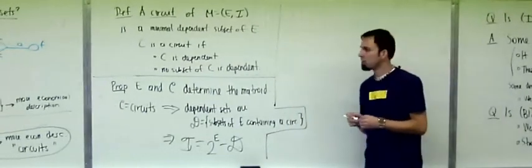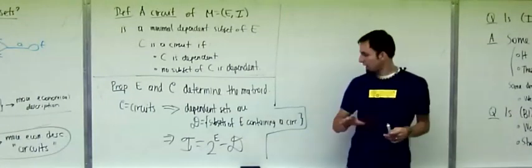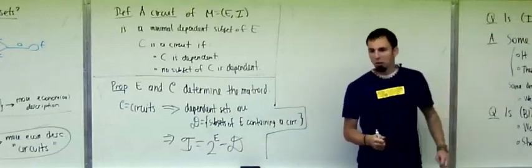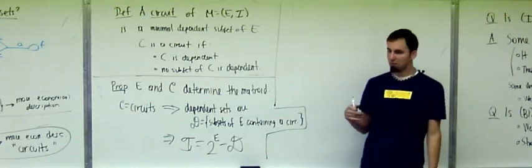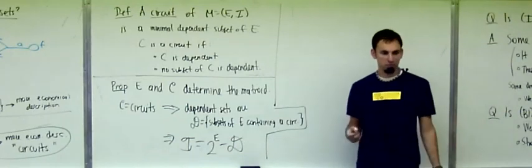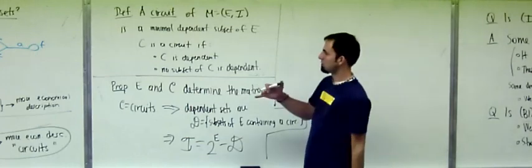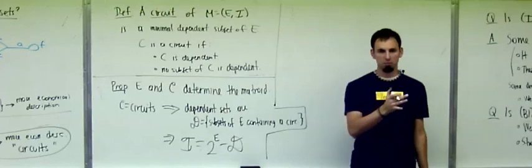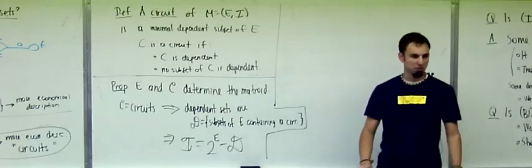Okay? And now, in light of this kind of philosophical discussion that I had here and here, what I want us to do now is try to figure out what the circuit axioms would be. So I want to write a theorem that says a collection of sets is the collection of circuits of a matroid if and only if C1, C2, C3, C4, whatever I need.